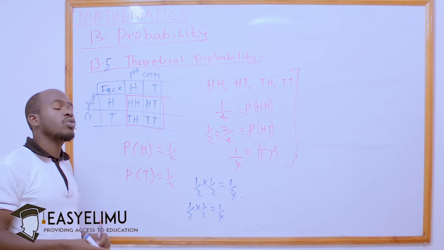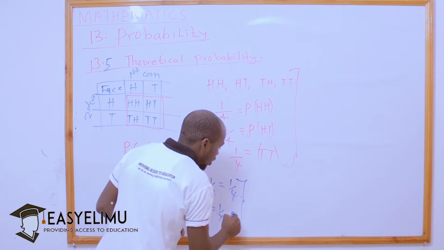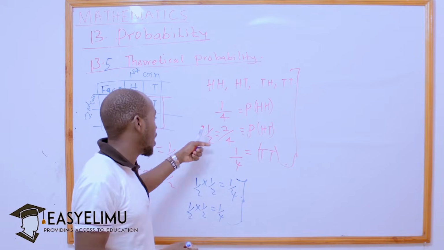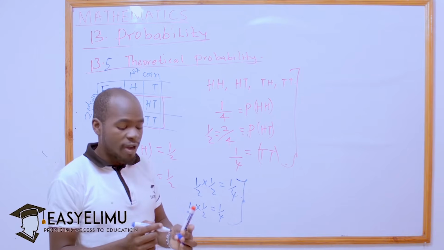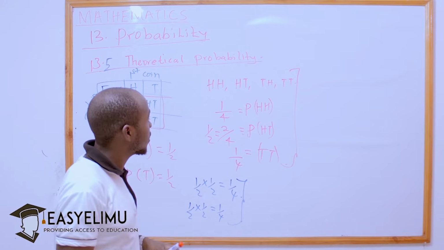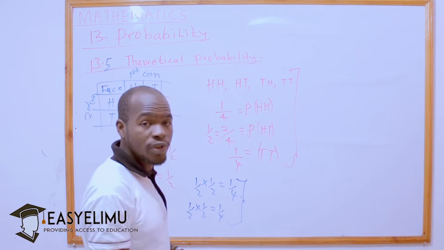The same applies to that of a head and a tail. So that probability which is found without requiring past experience is what we refer to as theoretical probability. An example we can tackle is a dice being tossed once.